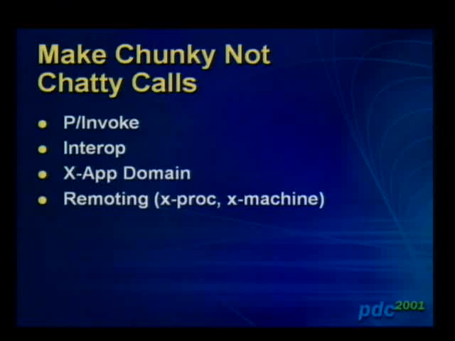You may not have a choice in this. For example, if you have a COM component that is existing today, that's already written, that's already out there, you may not have a choice. But in many cases where you do, you should make sure to do that.